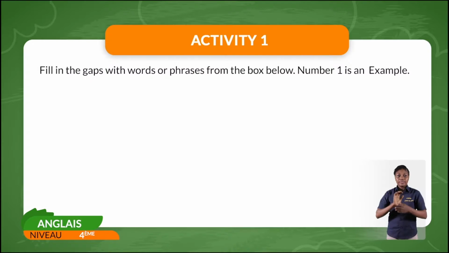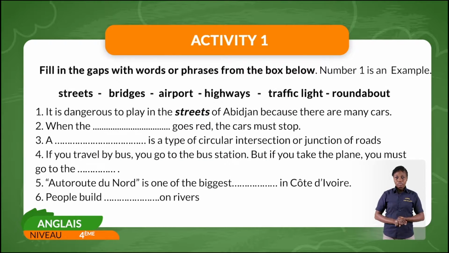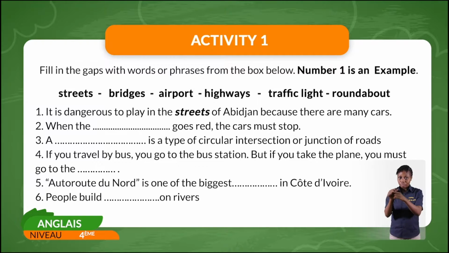Very good. Now that you know the meaning of the different words, let's practice them a little bit. In this activity, activity 1, you have to fill in the gaps with words or phrases from the box below. There is an example. Number 1 is an example.